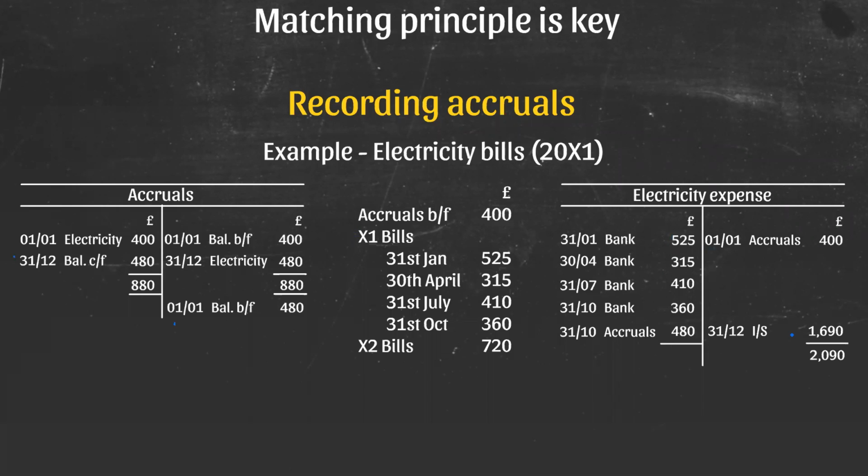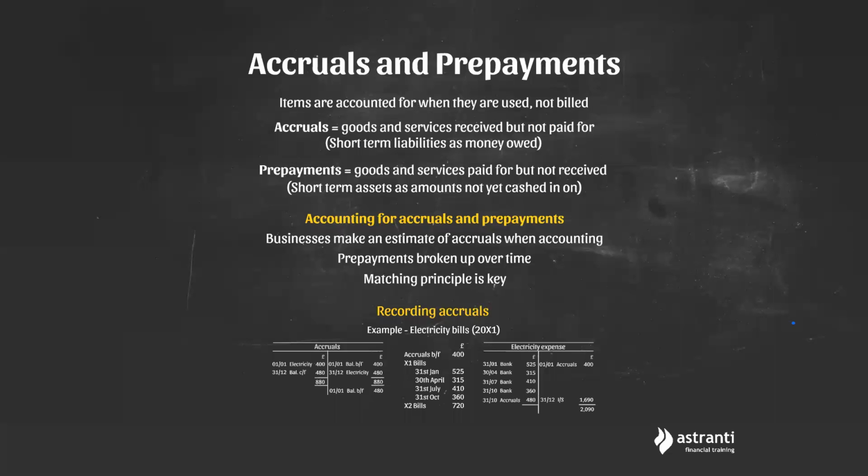So the income statement balance is essentially the balancing figure in this double entry account of £1,690. Okay, so this would be the amount in relation to this electricity expense that we recognize in the X1 income statement.